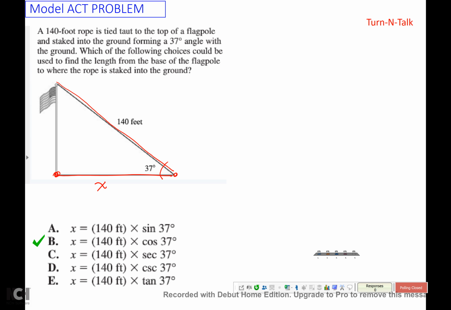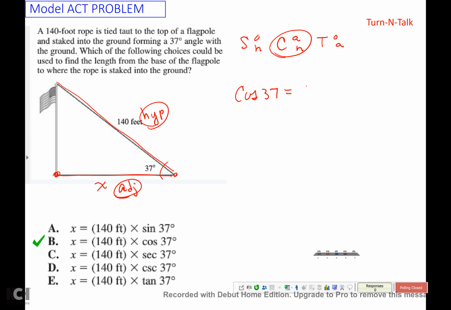Well, if I'm standing here, label my triangle. This is adjacent. This is hypotenuse. Just remember your TOA. I'm looking for who uses adjacent and hypotenuse. That would be cosine. So I set up cosine 37 equals adjacent, which I don't know, over hypotenuse, which is 140.